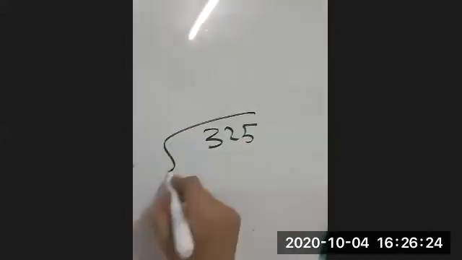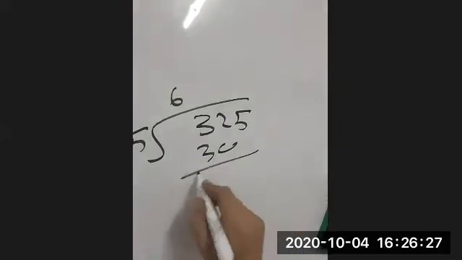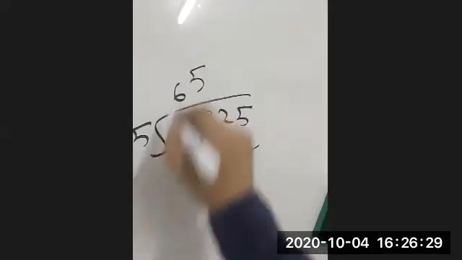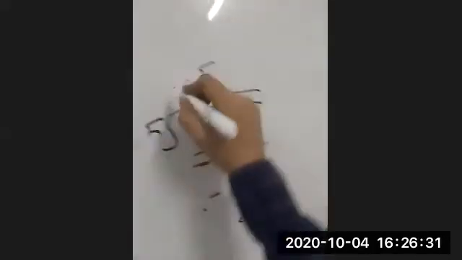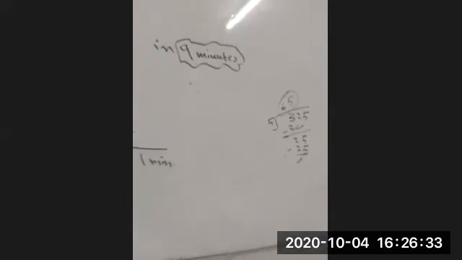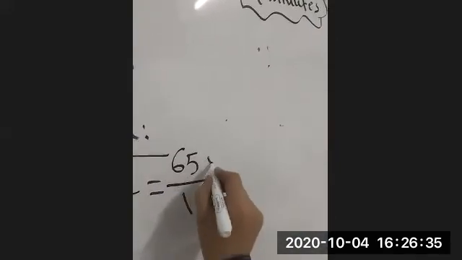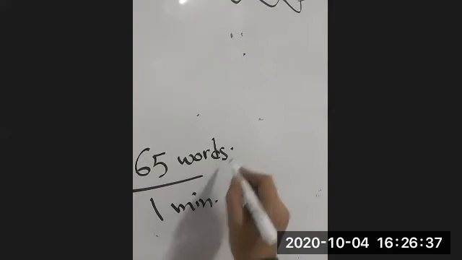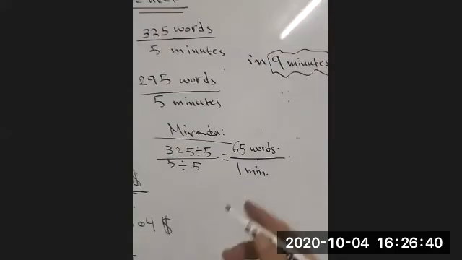Make long division. 325 divided by 5 is 65. So the answer is 65 words in 1 minute. In 1 minute, she can type 65 words.